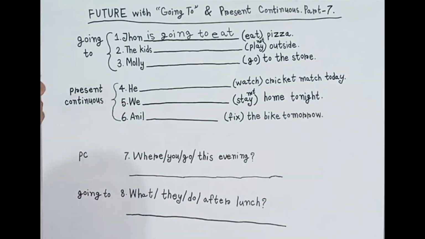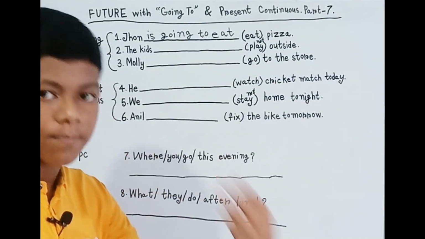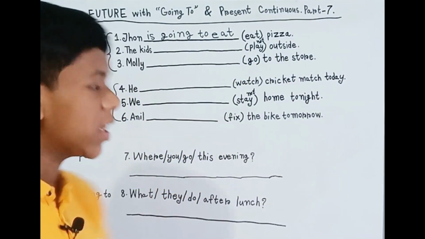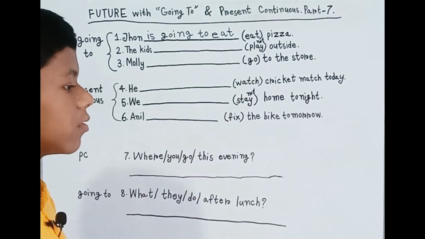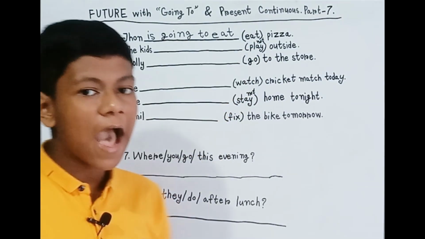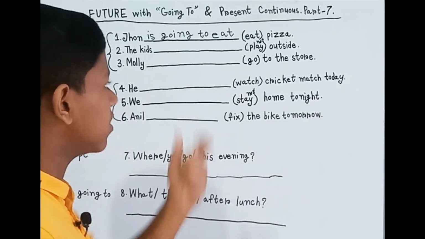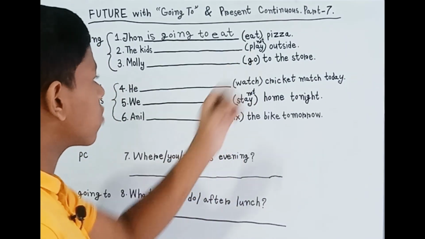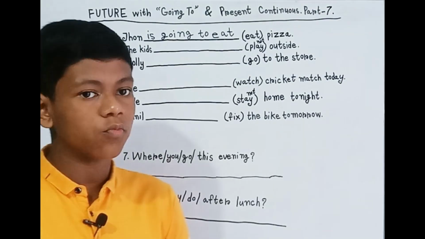The next is: The kids blank not play outside. So here, before play, I have used a tiny word, not. If I say it together, it is not play. So I have written this with the verb.